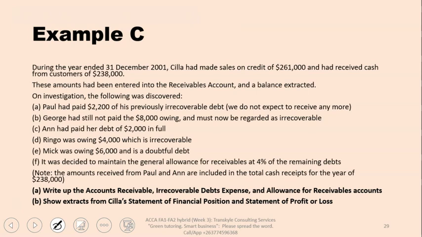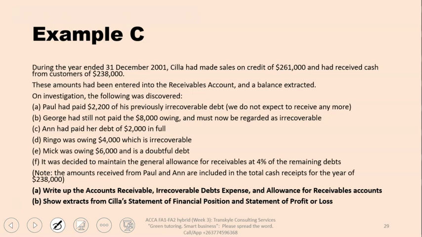During the year ended 31st December 2021, Sila had made sales on credit of 261,000 and it received cash from customers of 238,000. These amounts had been entered into the receivables account and a balance extracted.